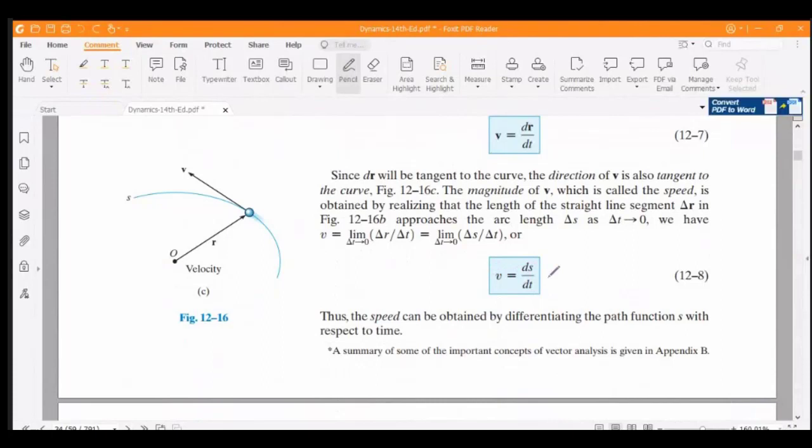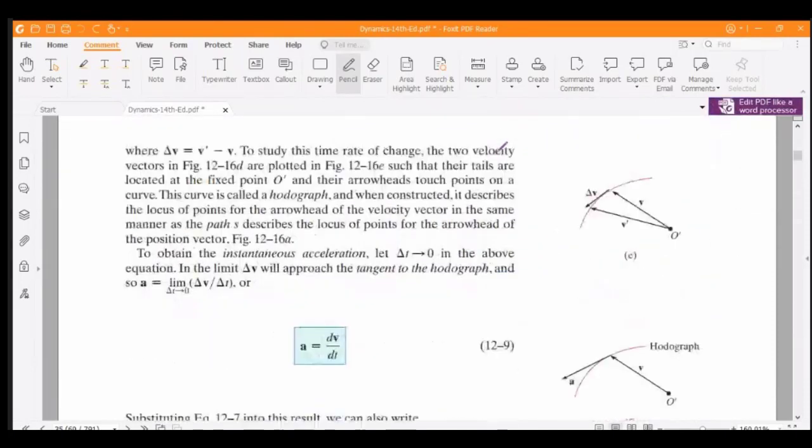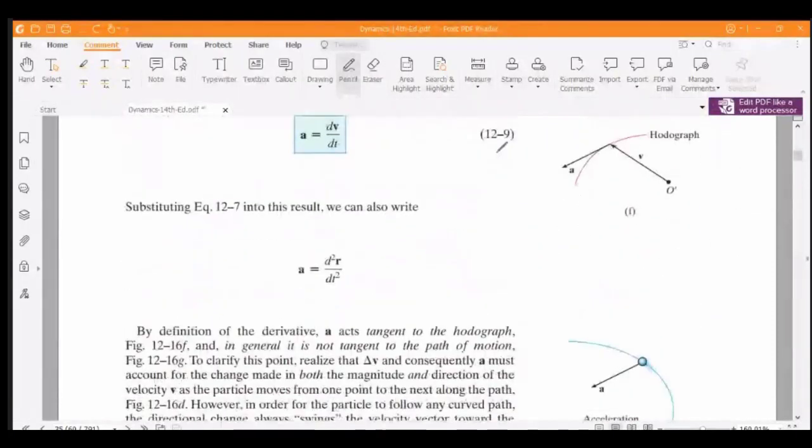Direction is not there, so it becomes the speed. Speed is not a vector, because speed is the magnitude of the vector velocity. Speed is a scalar. This is the vector, and acceleration is also a vector.